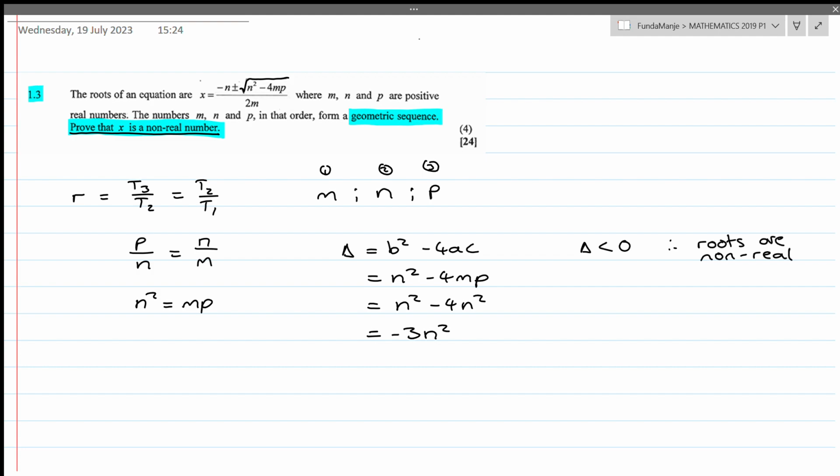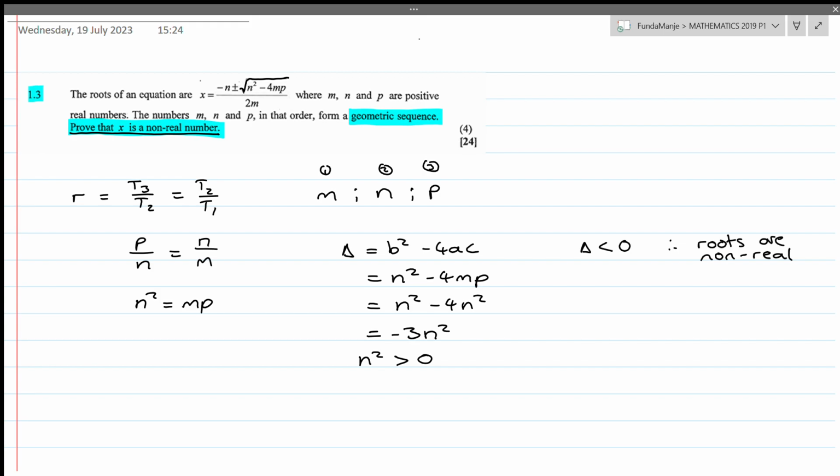And this discriminant, if we analyze it, is made up of two parts. One part, n squared, will always be positive, right?